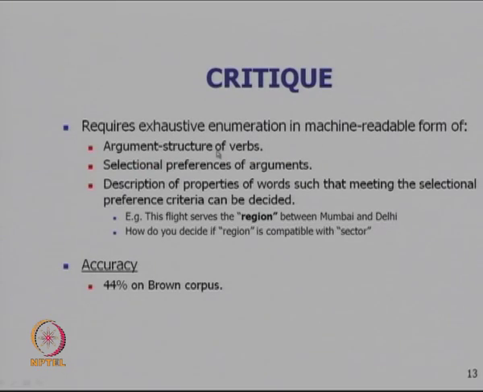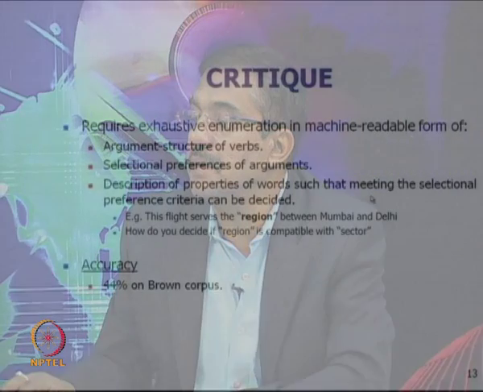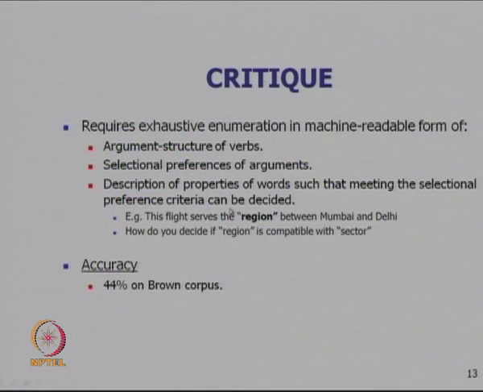Proceeding further, the critique of selectional preference based word sense disambiguation is that it requires exhaustive enumeration in machine readable form of the argument structure of verbs, the agents, objects, etc., and the selectional preference of arguments, which is nothing but the properties of the nouns coming as agents, objects, etc. Then a description of properties of words is needed such that the selectional preference criterion can be decided.